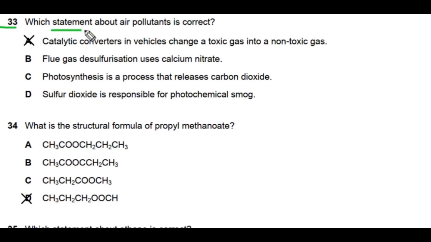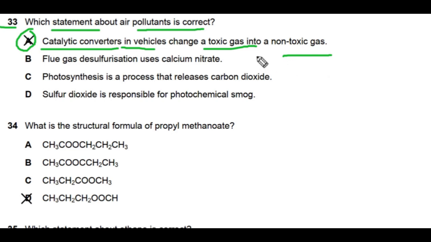Which statement about air pollutants is correct? A is the correct answer. Why? Catalytic converters in vehicles change a toxic gas into a non-toxic gas. Yes, the function of a catalytic converter is to react harmful gas to convert it into less harmful or non-toxic gas.